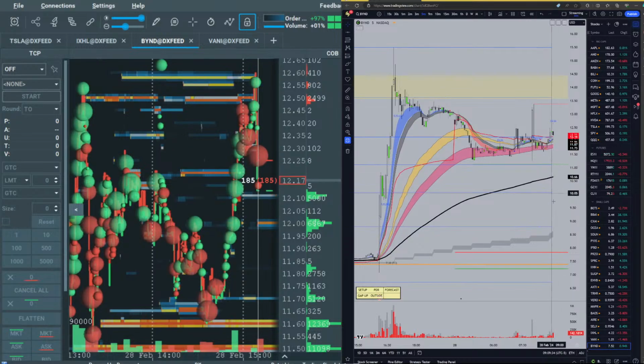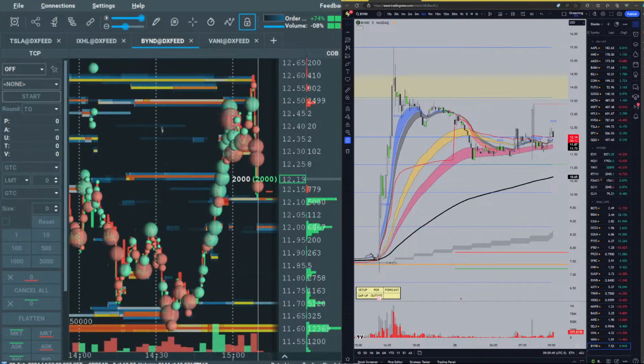Otherwise, we're going to let them unwind. Looking at this level over here to long, with a target of 13.50, then looking for 15.50. It needs a lot of volume. But we're going to keep Bynd over here, a stock we traded a lot in the past, so it could be very interesting.